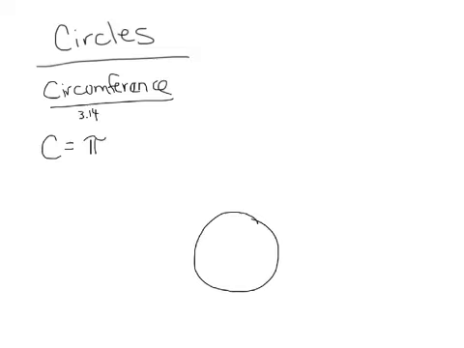You can use the pi button or you can use 3.14. On standardized tests, you want to make sure you read the directions. For the most part, they'll tell you to use 3.14. And I'm going to multiply it by the diameter. Now be careful. Diameter is the distance going through the center from one side to another. So this whole side is what's called your diameter.